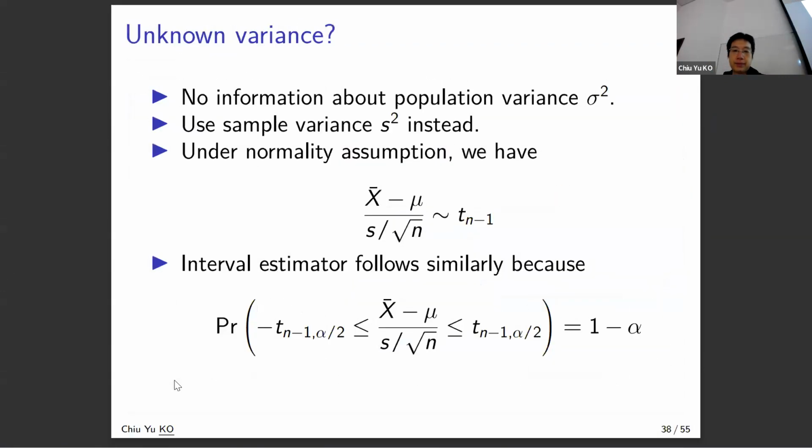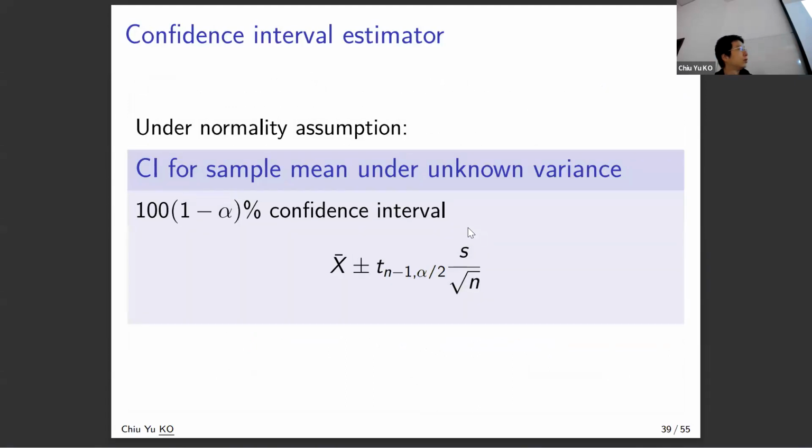And if you don't know sigma, you need to use S. But that's no problem, as long as we're willing to make the assumption that the underlying distribution is normal. It's like assuming the income in China, if you work for Elon Musk, the case is bell-shaped. If you're willing to make the assumption, which might or might not be true, you can use the T distribution. So this is the formula.